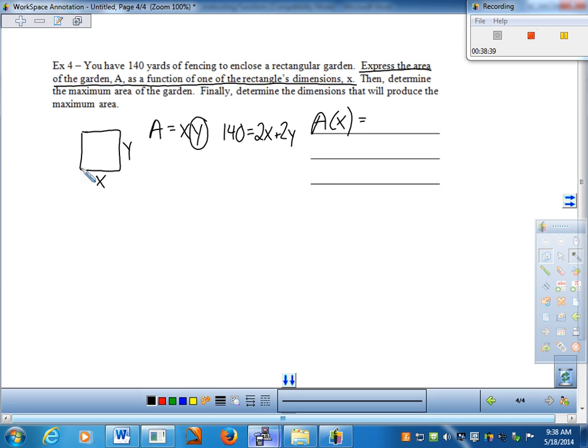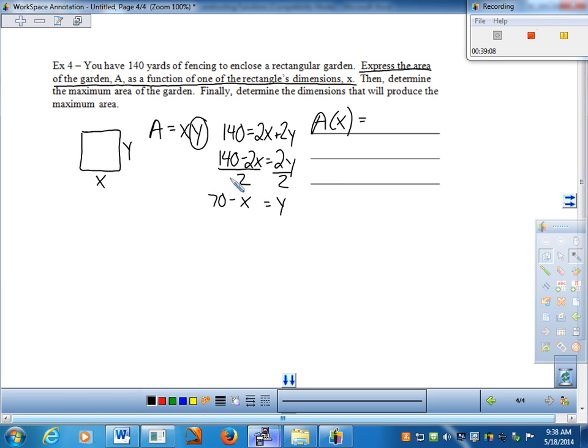Okay, good. Well, remember, replace that y. You better solve for y in this equation right here. So let's go ahead and solve for y. Subtract 2x from both sides, of course. Divide by 2. Divide everything by 2, as a matter of fact. 140 divided by 2 is 70. 2x divided by 2 is just x.